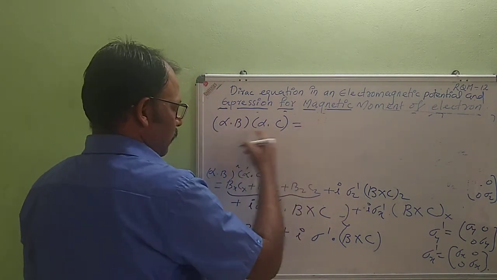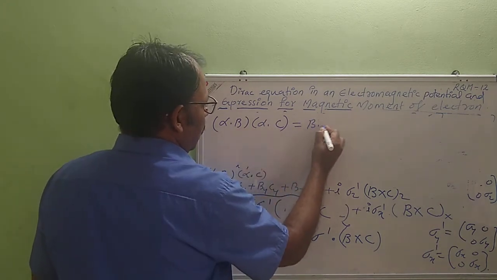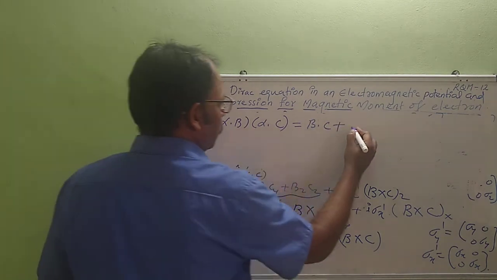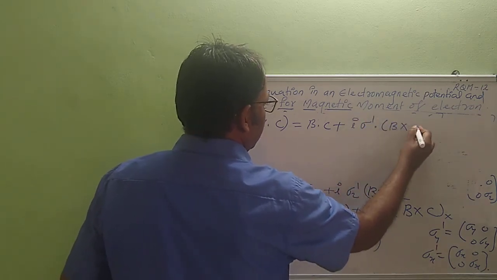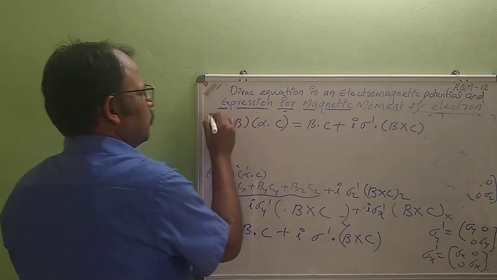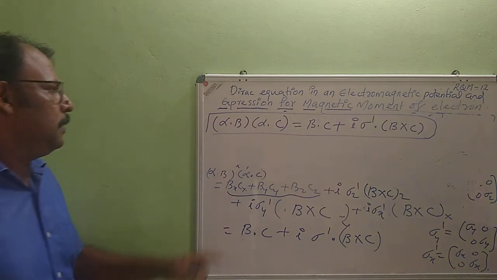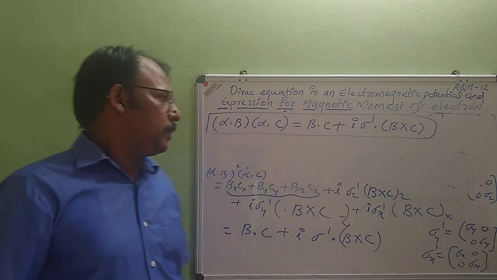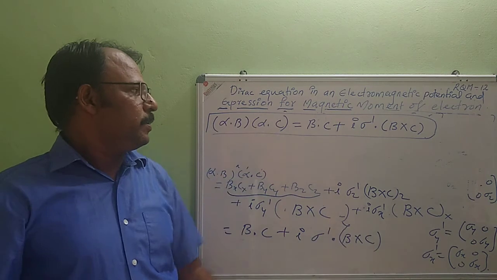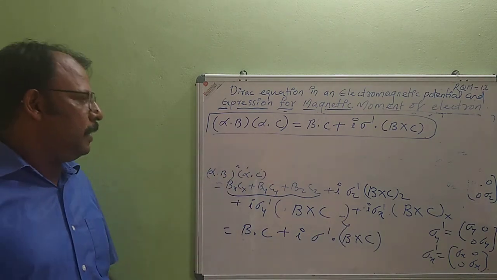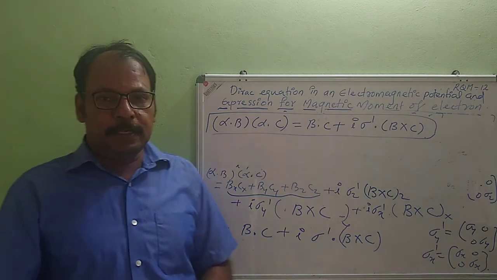Then we can write their product alpha dot B into alpha dot C as B dot C plus i sigma prime dot B cross C. You should remember this identity for doing the magnetic moment of the electron. That's why, before starting the derivation of the magnetic moment, we have done the identity. Now we will do the derivation of the magnetic moment.